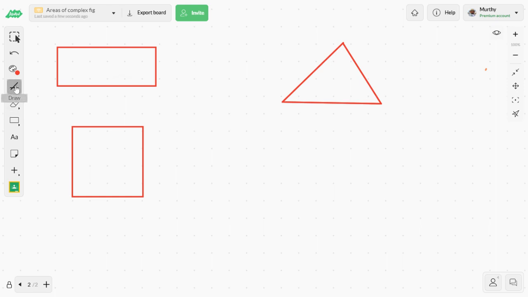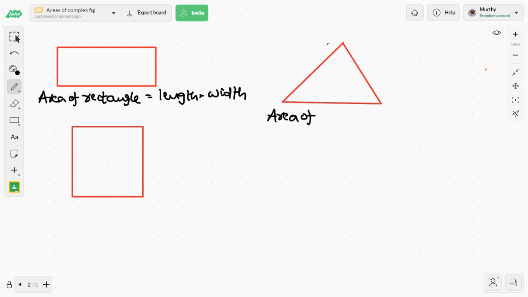Coming back to this one, what is the area of a rectangle? Area of a rectangle equals length times width. You know, next, area of a triangle equals half times base times height.